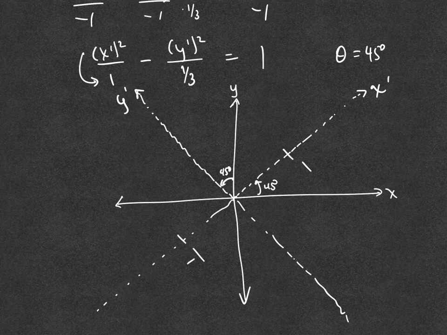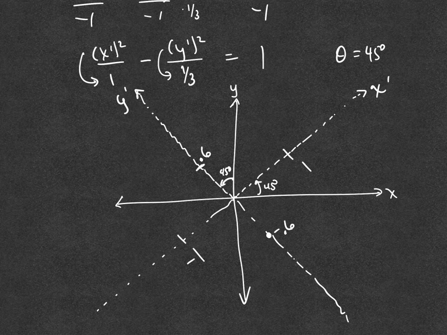Okay, the value under the y's is 1/3, and when we take the square root of 1/3, it doesn't turn out perfect, but we can approximate it so we can draw ourselves a decent picture. It's just a hair less than 0.6. So I'd have to go up 0.6 on the y primed axis and down 0.6 on the y primed axis.